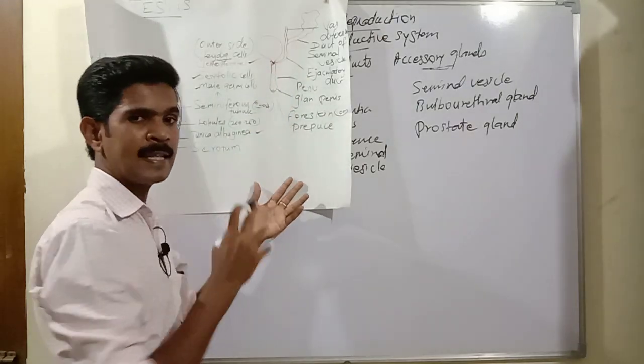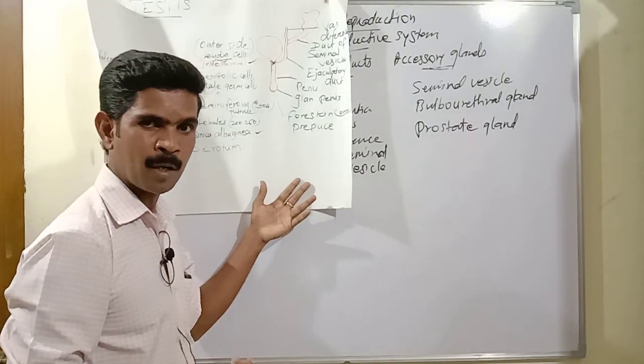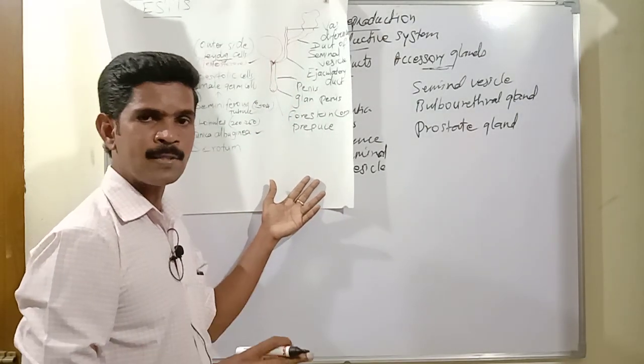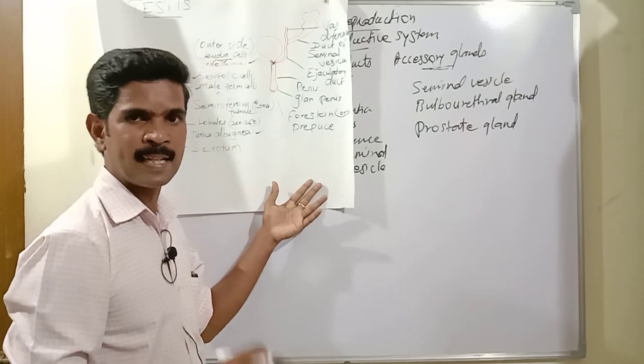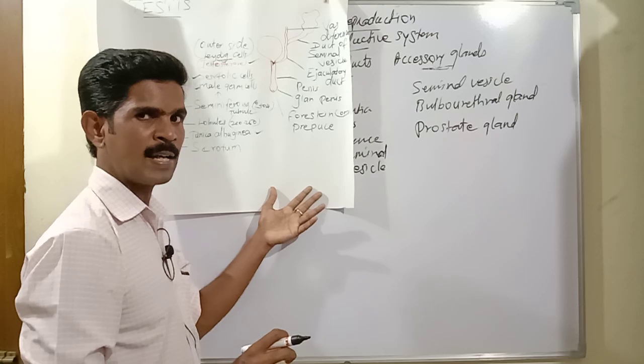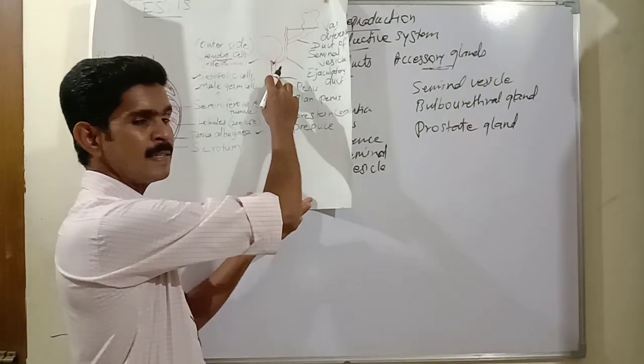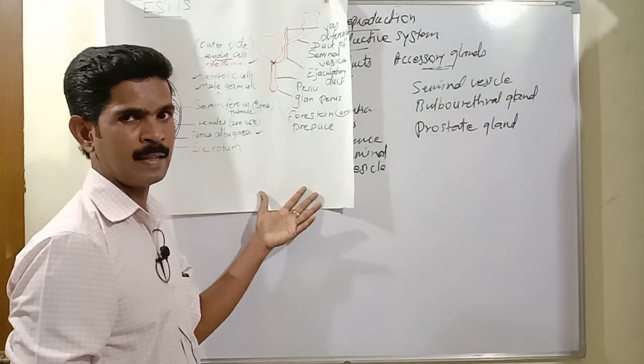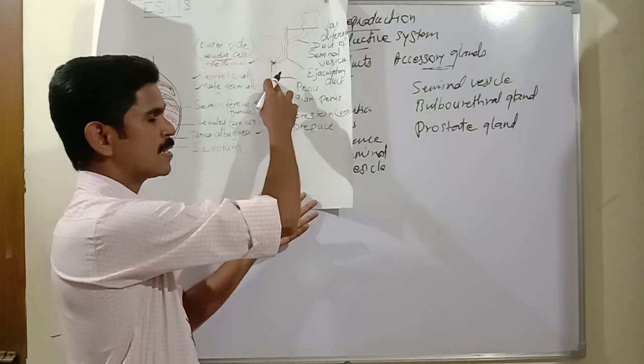This penis is made up of a special type of tissue, and this tissue becomes erect only during sexual activity. During sexual activity, the penis is erected because of the presence of this special type of tissue.